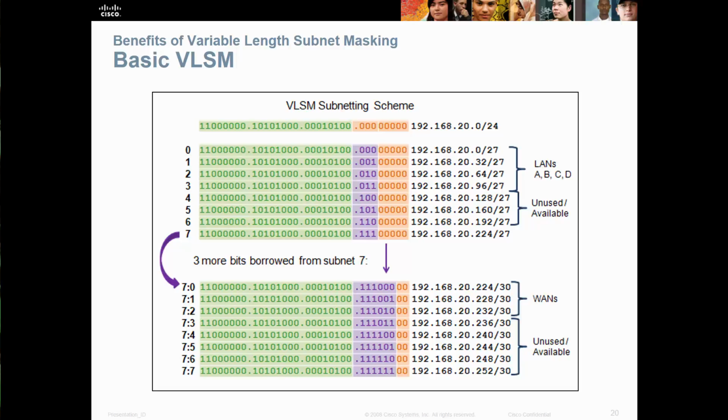But if we're talking about interconnection networks, they may only need 2 usable. So we may only use a certain amount of them. That's what these /30s are for. The /27s will be used for networks that are going to be probably around 20, anything less than 30 usable.